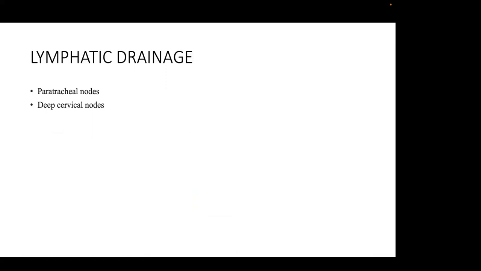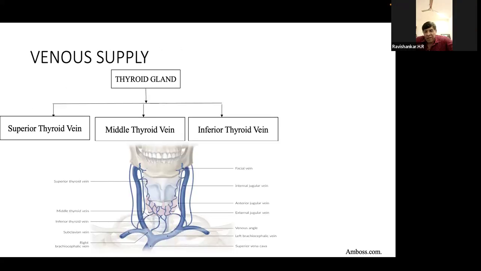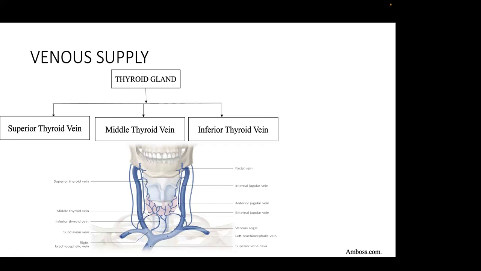What is the significance of venous drainage in terms of thyroid surgery? There's only one thing which you need to know. So, I read that if at all the middle thyroid vein is found, then you are supposed to ligate that first, and then go ahead and ligate the other vessels.